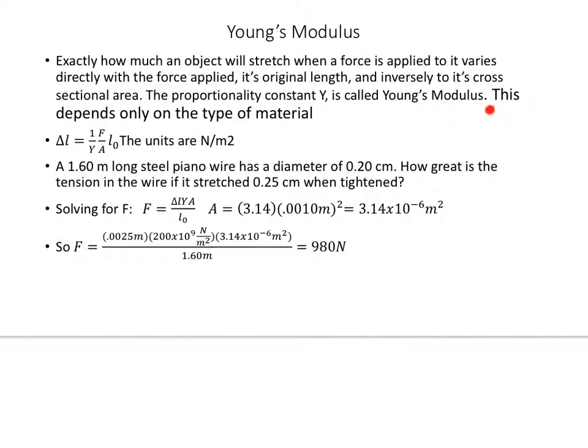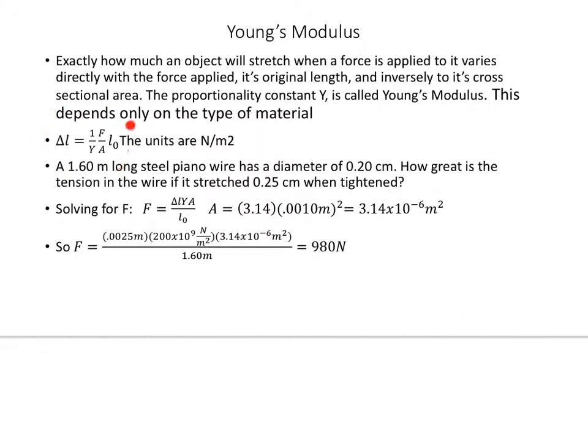So Young's modulus depends only on the type of material. So you go to a table in your textbook and look up the value of Y for the material, and that's what you use in this equation.